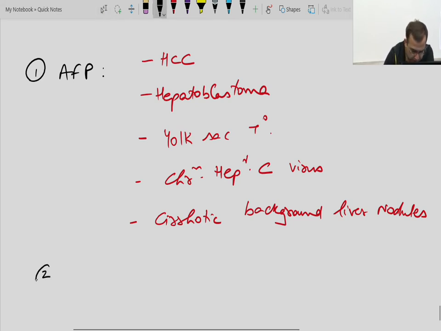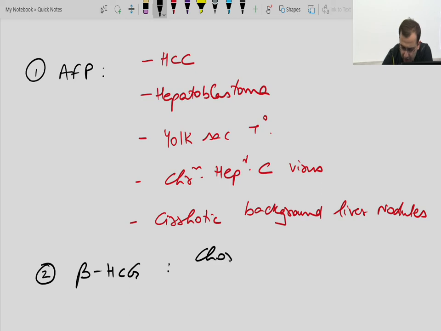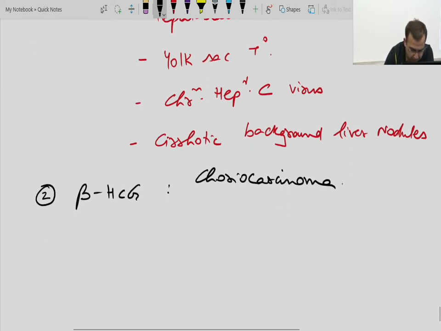The next tumor marker is beta HCG, elevated in choriocarcinoma. Next, beta 2 microglobulin.